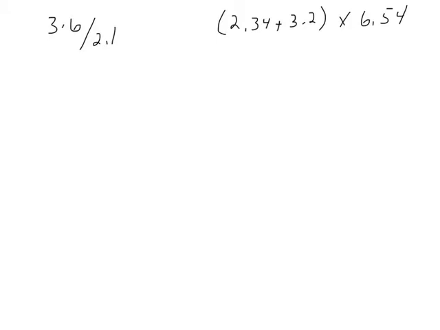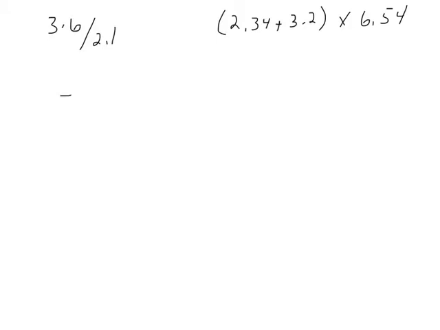Alright, for the next two problems, we've got 3.6 divided by 2.1, and then the slightly more complex 2.34 plus 3.2, all multiplied by 6.54. So 3.6 divided by 2.1. Both of them have 2 significant figures in the answer. Now if I put in my calculator 3.6 divided by 2.1, what do I get?